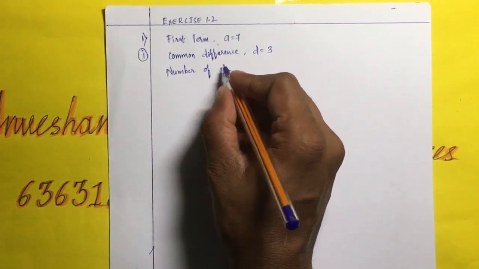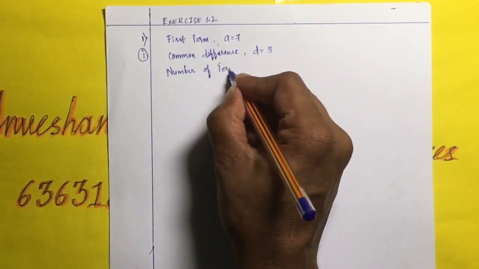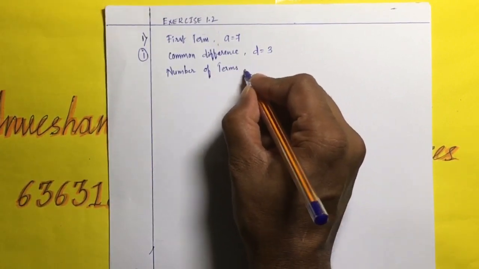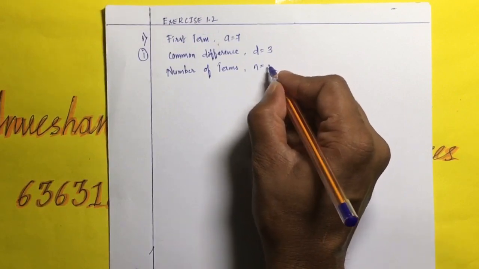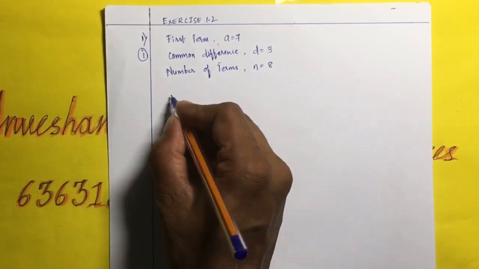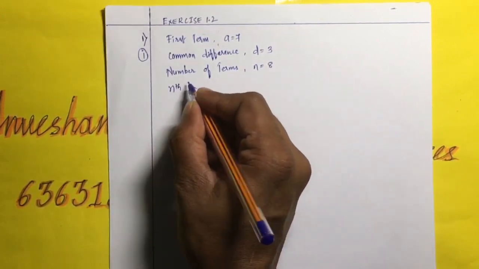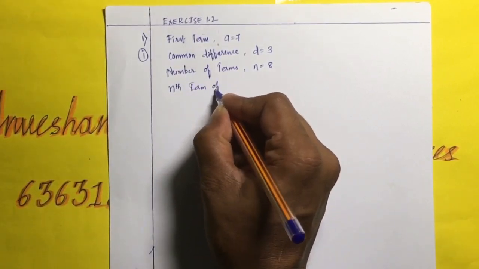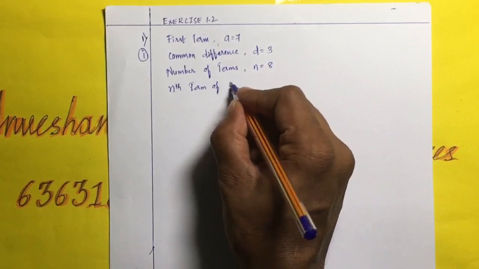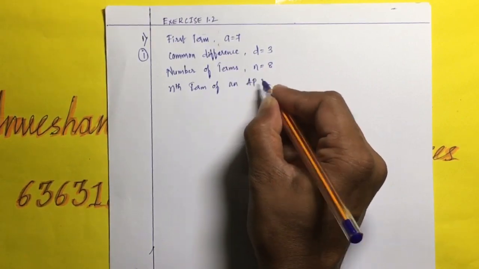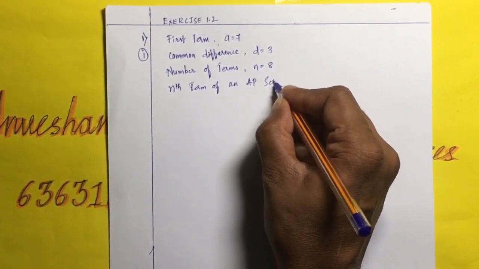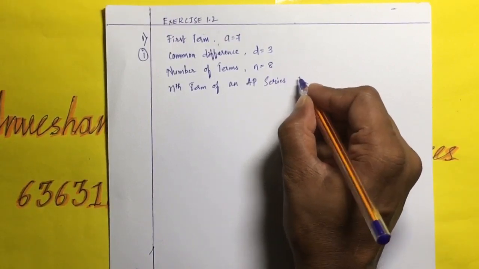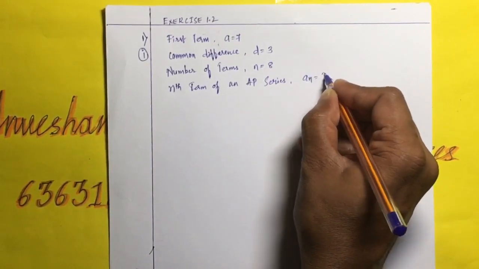Number of terms n is equal to 8 is given. So we have to find the nth term of an AP series, that is an equal to question mark.